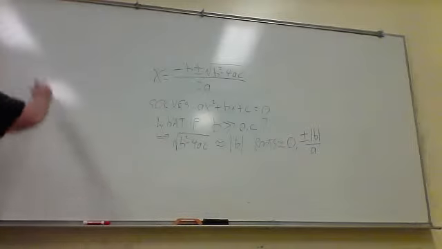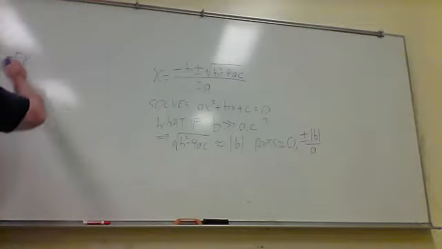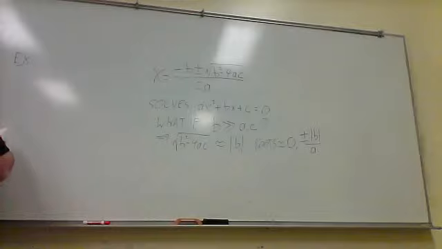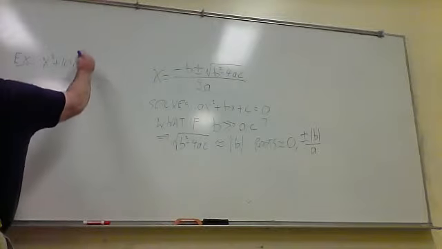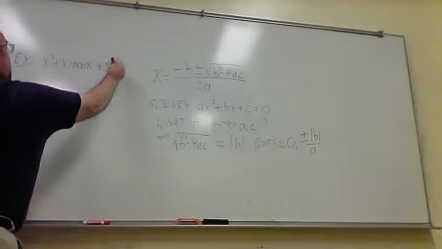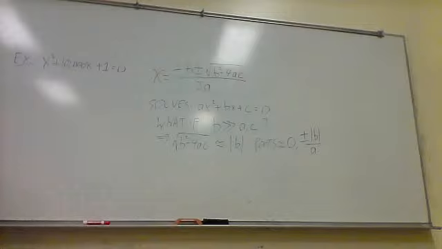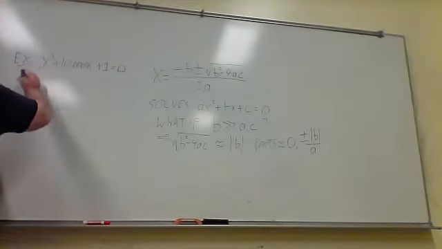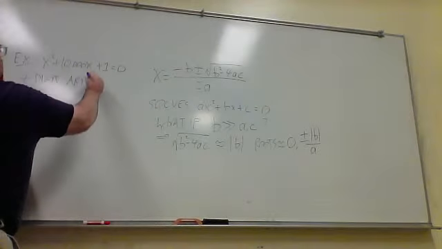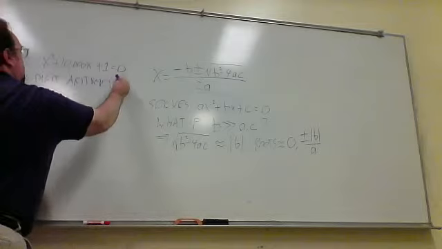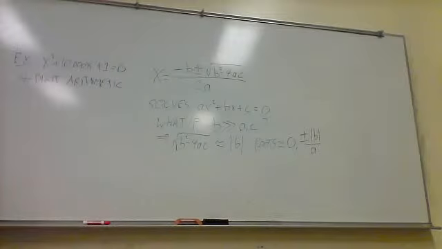I'll give an example of how this can go wrong. Let's suppose we have x squared plus 10,000x plus 1. So we go ahead and apply the quadratic formula to that, and we use 4-digit decimal arithmetic. All right, so we're only allowed 4 decimal places, and we're still rounding.